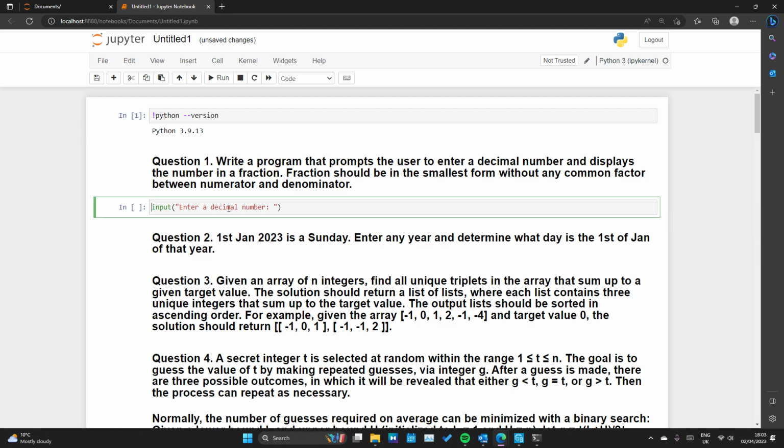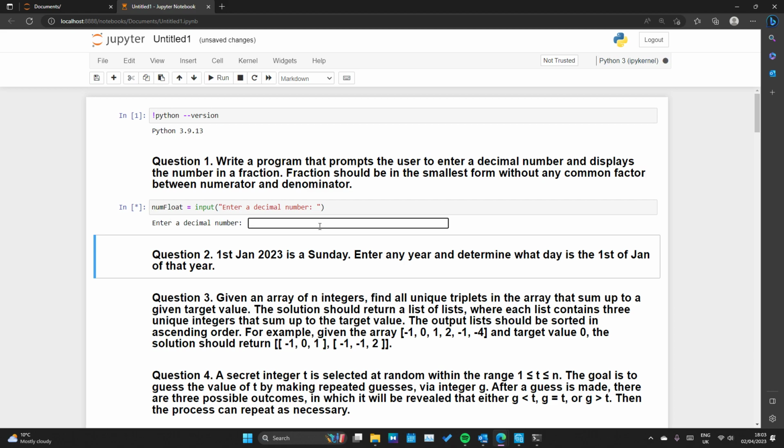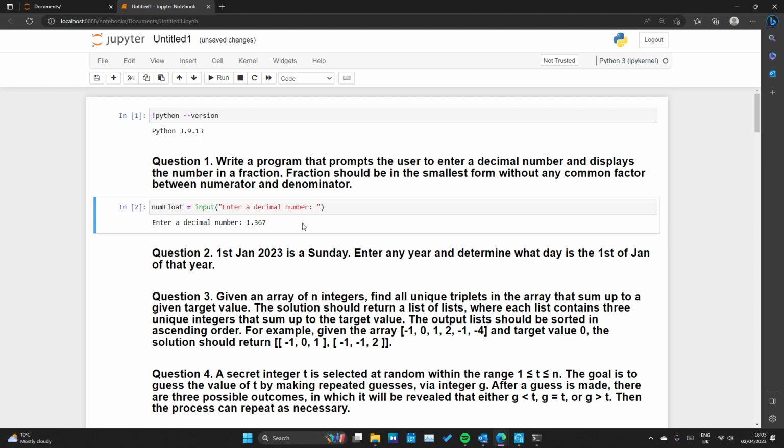So let's say we call this variable num decimal, or num float. Now we can run this code and see. I will put a decimal number, say 1.367. So that's the number I have entered, and it is saved in this variable called num float.